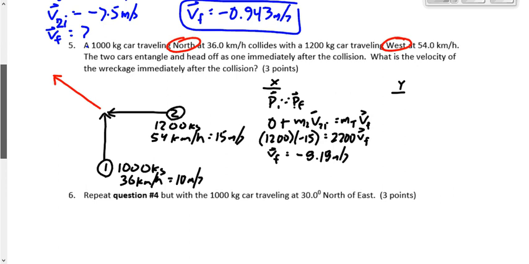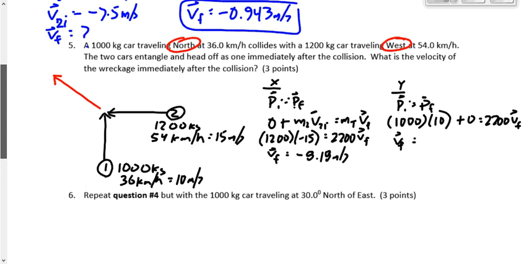Let's do the same thing for the y component now. We're going to say 1,000 times 10, positive because it's up, plus 0, because object number 2 is moving only on the x-axis, not the y-axis, equals 2,200 times Vf.